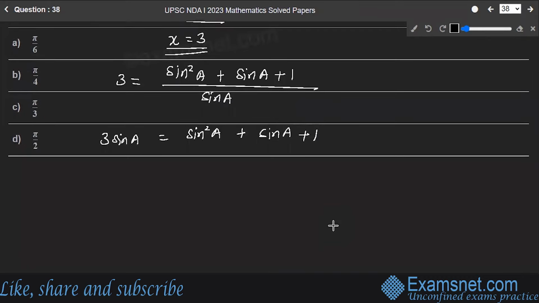So this makes it sin²A + 1 minus 2 sin A equal to 0, which is nothing but (sin A minus 1)² equal to 0.